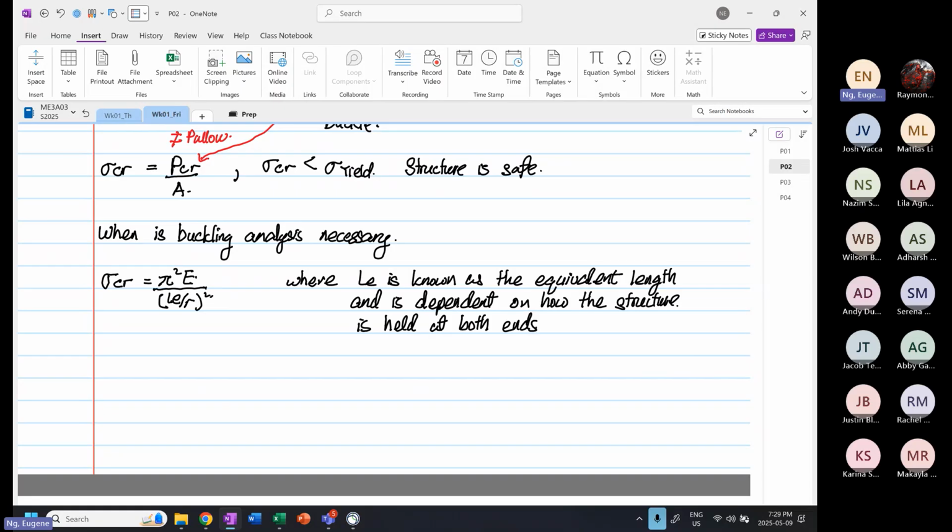Now this sounds familiar. Yesterday we spent a lot of time on what? We spent a lot of time on boundary conditions, right? And deformation of the structure based on how it is held.